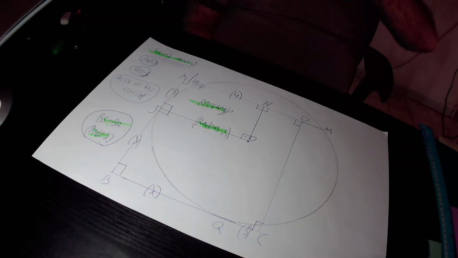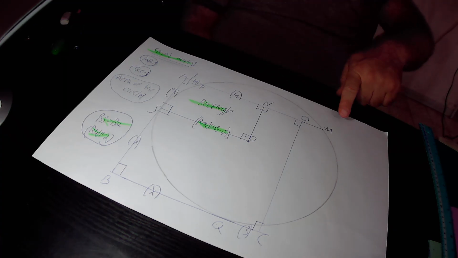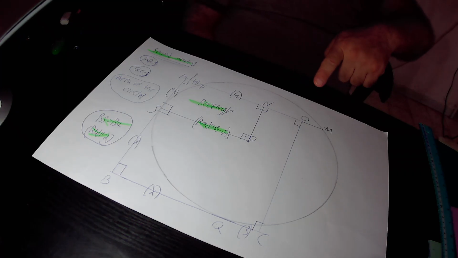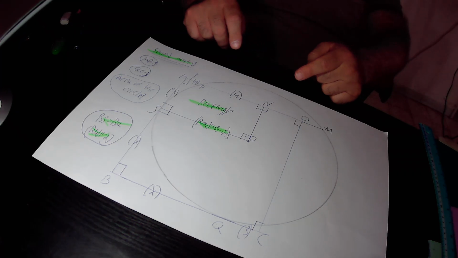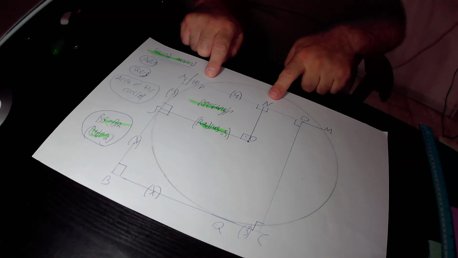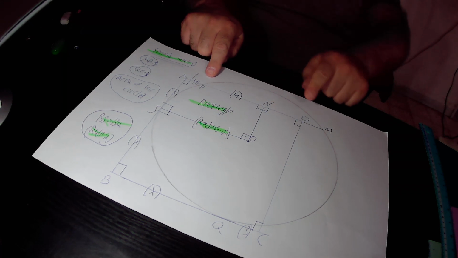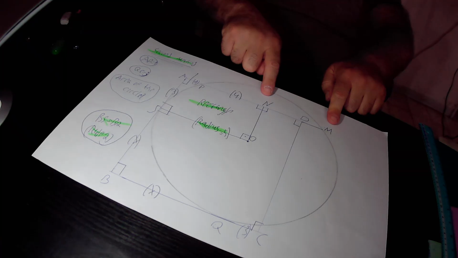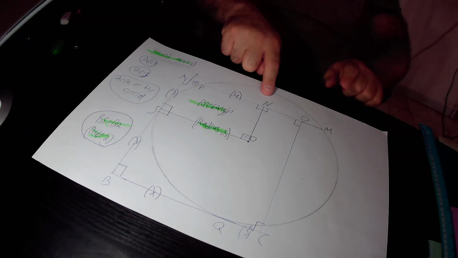So perpendicular ON divides chord PM into two halves. Each half equals PM over 2. So the first half is PN, that is equal to PM over 2, and the second half is NM, that is also equal to PM over 2.